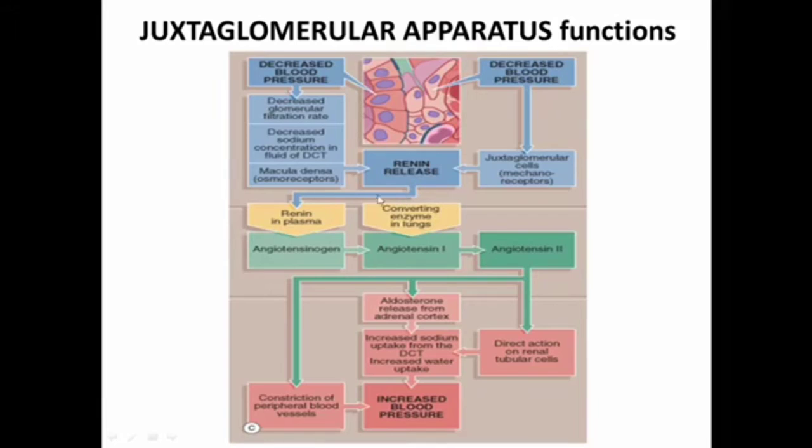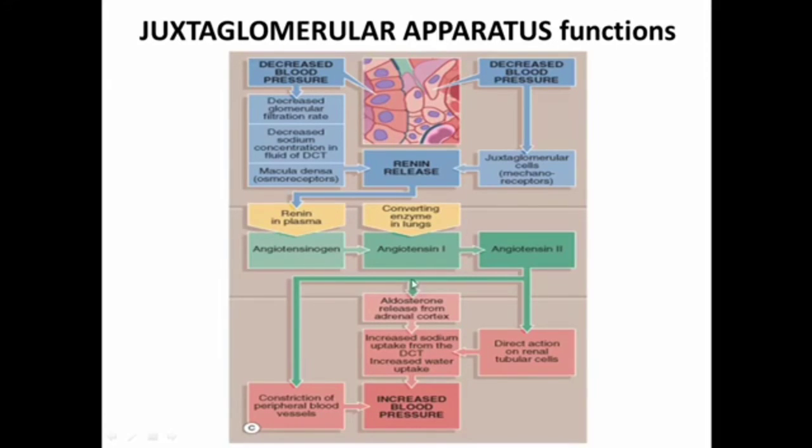Once renin is released in the plasma, it causes the hydrolysis of angiotensinogen to angiotensin 1. Angiotensin 1 in the lungs is converted to angiotensin 2 by the angiotensin converting enzyme. Angiotensin 2 is a potent vasoconstrictor, and it leads to the constriction of the peripheral blood vessels and can increase the blood pressure.